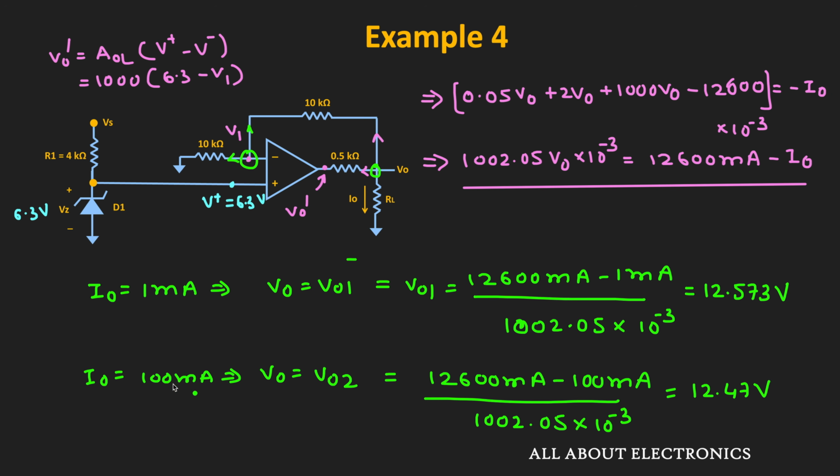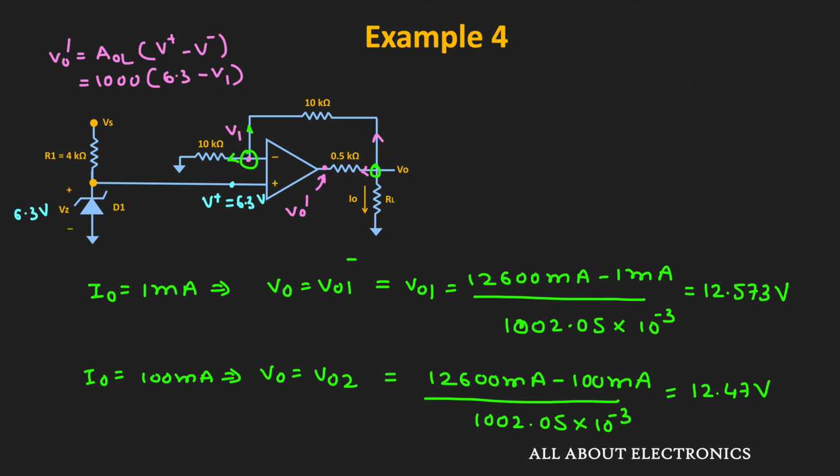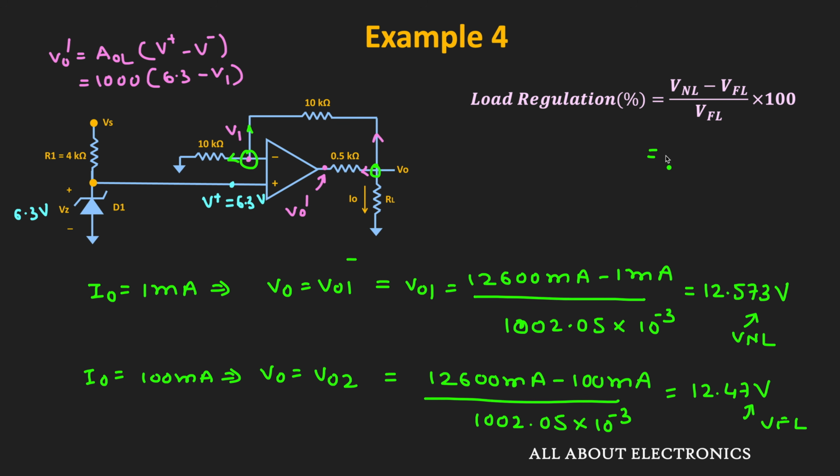In this way we got the change in the output voltage when the load current is changing from 1 milliampere to 100 milliampere, and we know that the load regulation can be given by this expression. Here this voltage is the no load voltage while this voltage is the full load voltage. So we can say that the load regulation is equal to 12.573 volt minus 12.47 volt divided by 12.47 volt, and of course it will also get multiplied by 100. In percentage, the load regulation is equal to 0.790%.